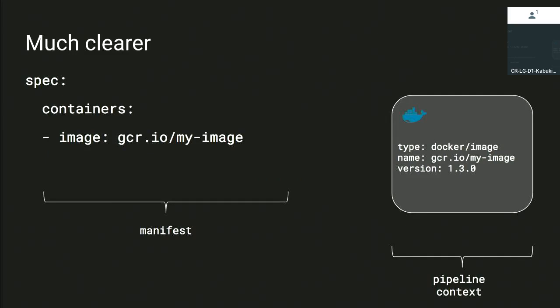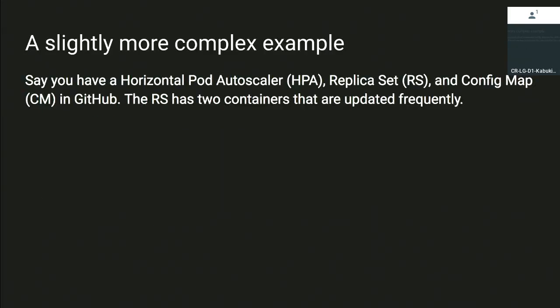So in this case, you say, okay, in my pipeline context, I had my Docker image, gcr.io/my image, and in the specification, I have exactly that right there. What you'd wind up deploying is just version 1.3.0.